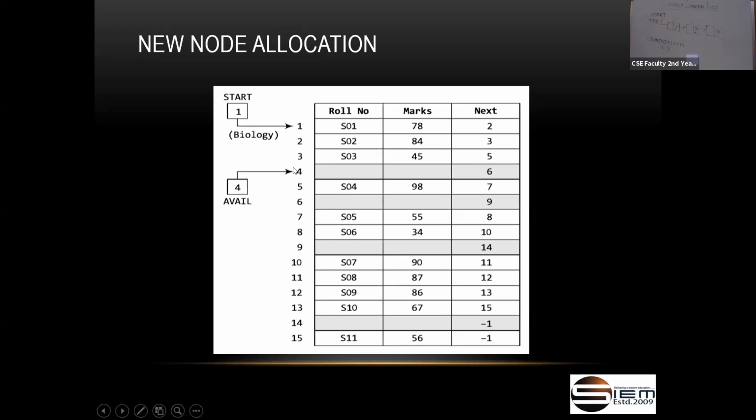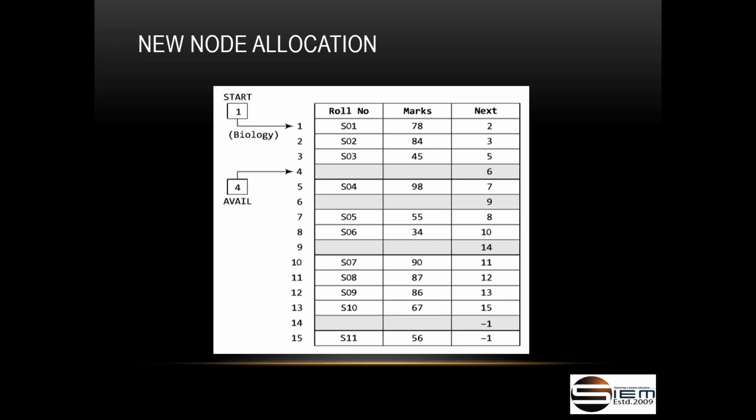The first address. So this first space will be given to me, and avail will become avail next. That means the next available space will become 6. Is it clear to you?